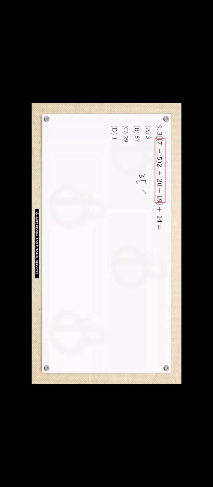Let me rewrite this again. So again, 7 minus 5 is equal to 2. Then we have 2 here. We simply copy all. We're not yet finished with our grouping symbol here. And inside our grouping symbol, we need to multiply first.